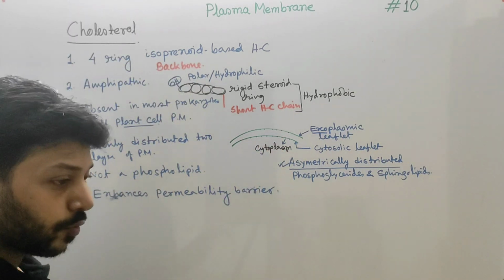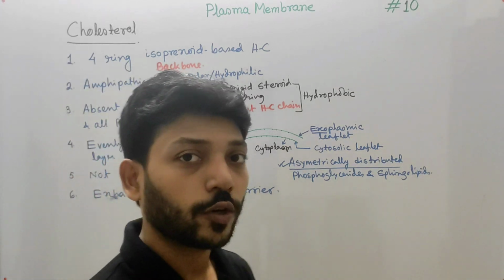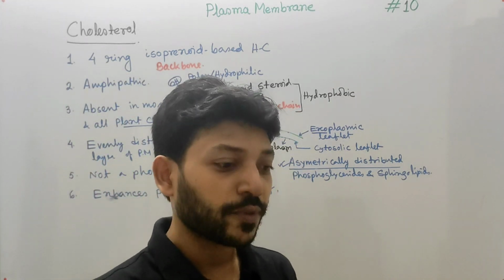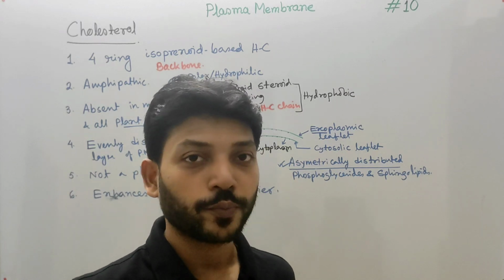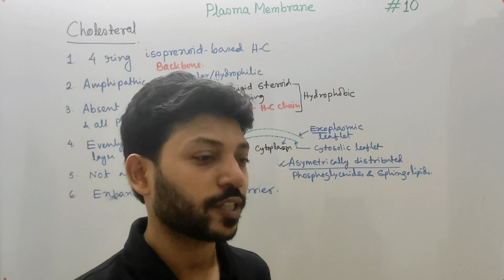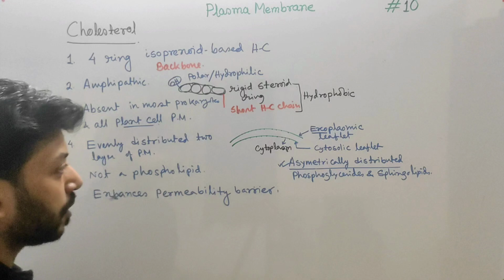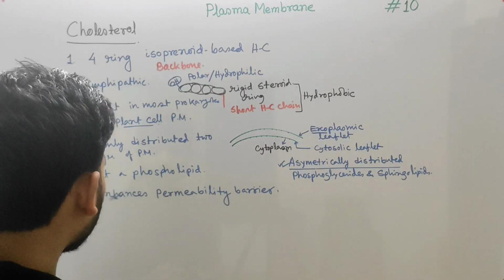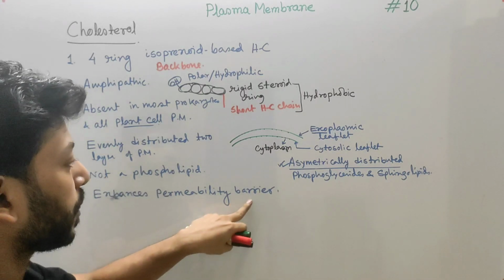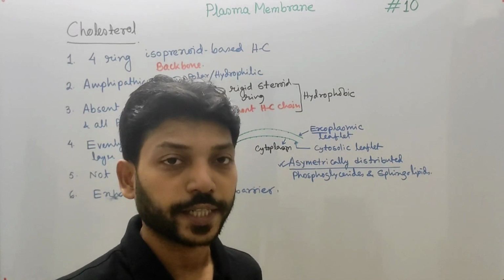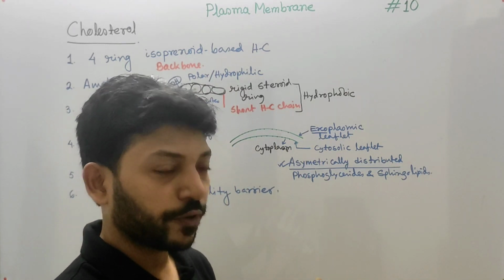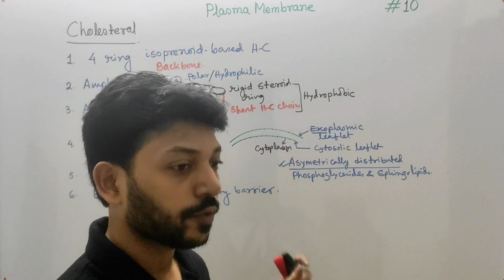For the transportation of molecules that do not come through the lipid barrier, transport proteins are present, or channels are present for ions and other molecules. So it enhances the permeability barrier. Basically the plasma membrane, the lipid bilayer, has a permeability barrier, so it can prevent the permeability of many molecules.